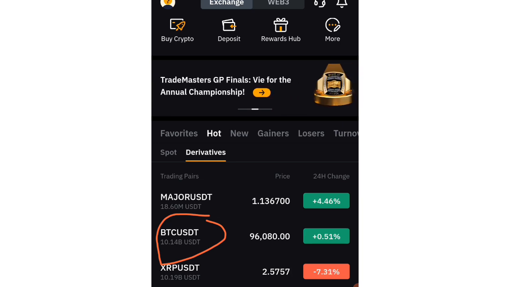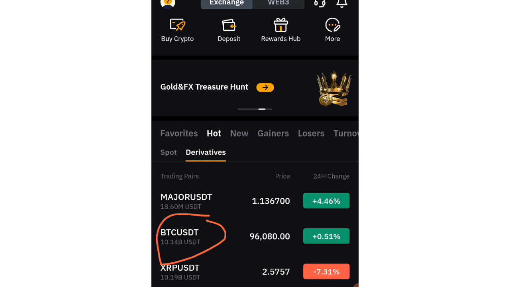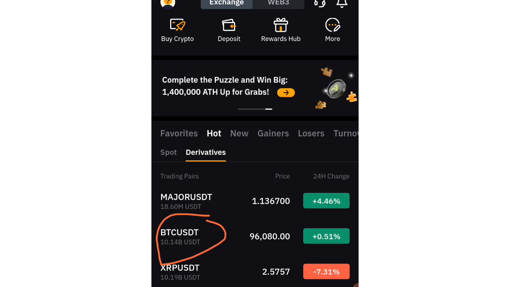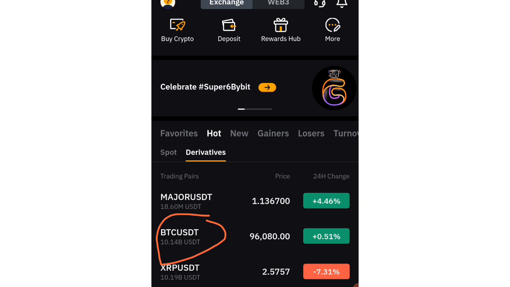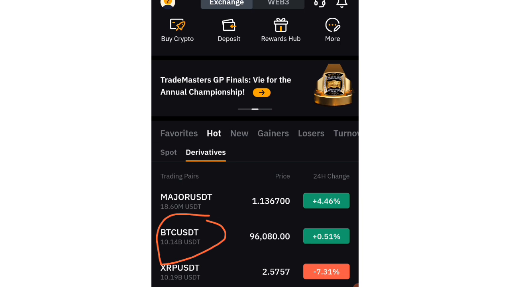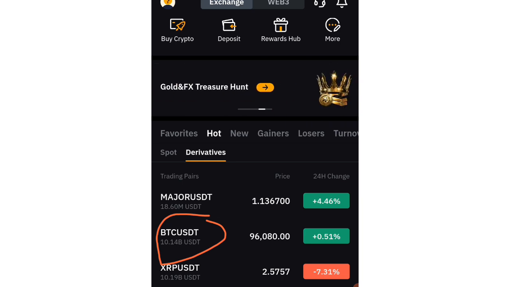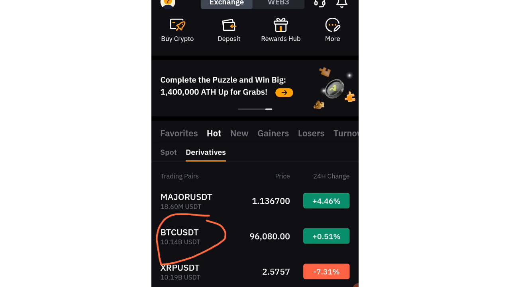There is nothing like a slash, no stroke separating BTC and USDT. So this is how you know that this coin is actually on derivative. When you click on any of these coins, we are going to be trading on derivative.